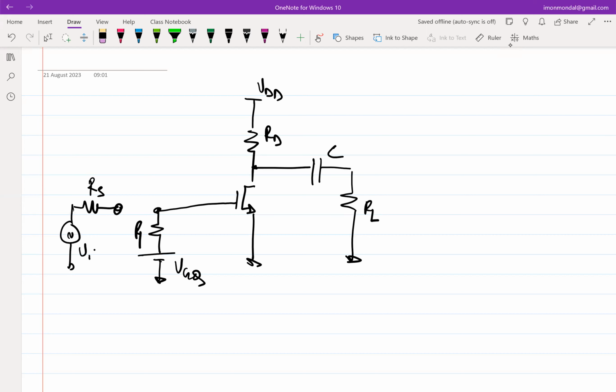So let's assume that the voltage here is supposed to be lesser than VDD. Right? That's a fair enough assumption to make. Let me rephrase the question. What I'm saying is that the assumption that I'm making is that the required VGS is definitely lower than VDD.